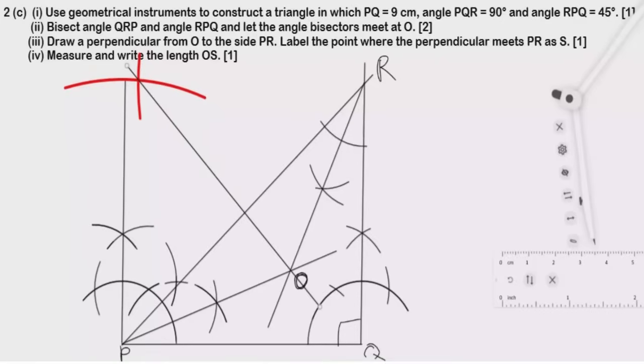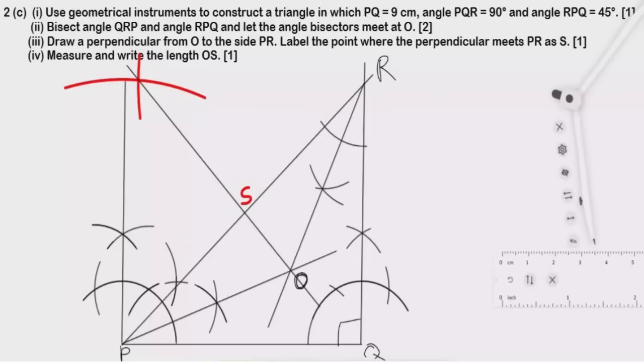Okay, so now we can call that point S. We are told to call the point where the line meets PR, S. So that point is called S. Now the other question is to measure and write the length OS.